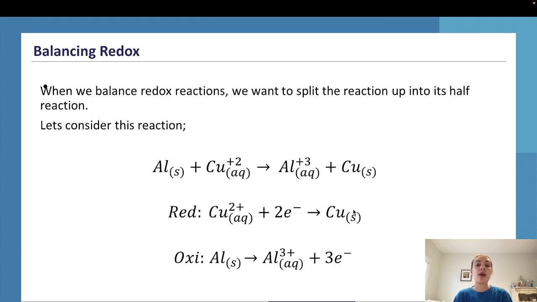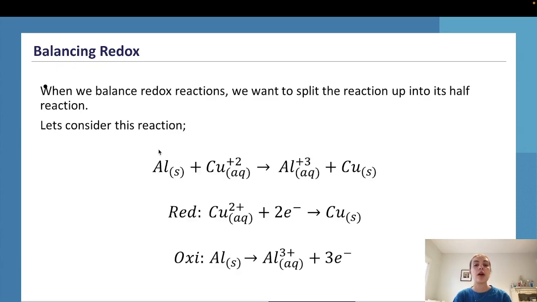Next, we need to look at what our oxidation reaction is. So we can say that we've got aluminium, and our aluminium has its charge of 0, and so it's starting off with an oxidation number of 0. It's then forming aluminium 3+, which has a 3+ charge, and hence a +3 oxidation number.